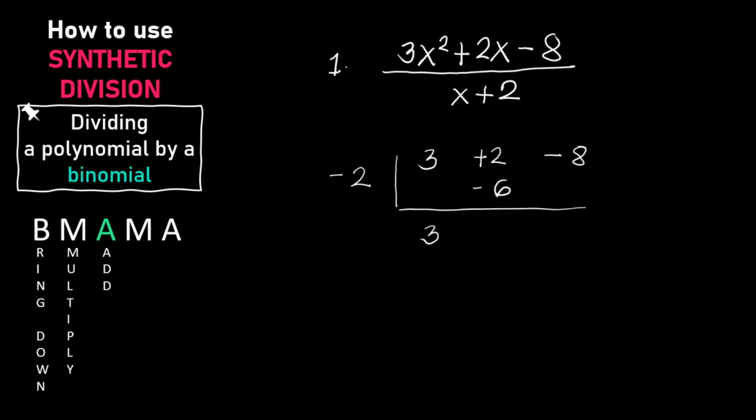We need to add positive 2 and negative 6. That is negative 4. Then, multiply negative 4 times negative 2. And that is positive 8. And for the last step, add negative 8 plus positive 8. And that is 0.